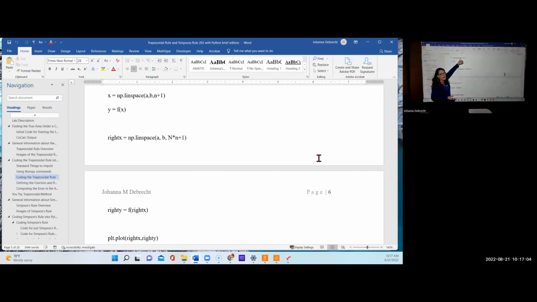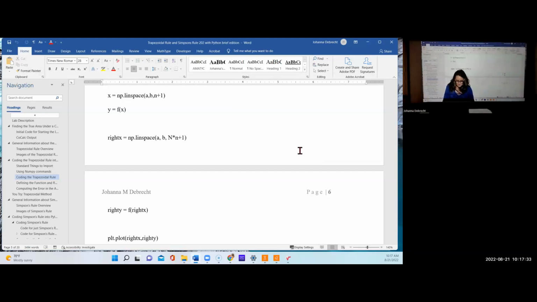I want you to start at A, and I want you to go to B, and I want there to be n plus 1 of them. And then I want you to have y equal to f of x. So the right x is going to be linspace A to B, uppercase N times lowercase n plus 1. So that's how far we're separating them out. And right y is going to be f of right x. So this is plotting out the points. So we have a right x and a right y.